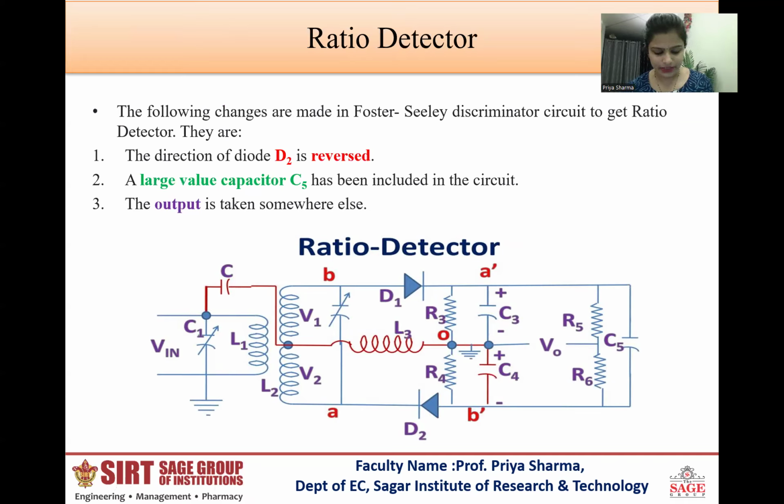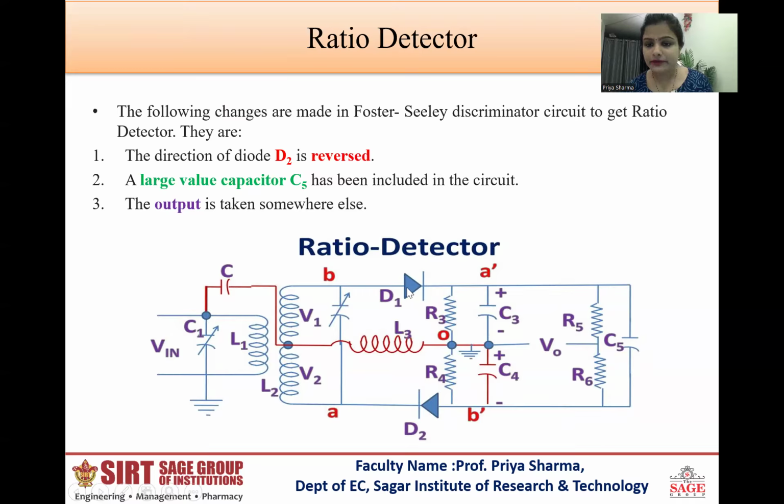It is another frequency demodulator circuit. So what are the changes, or what are the modifications being made in the Foster-Seeley detector to make the ratio detector? The changes which are made are, the diode D2 has been put in the reverse direction.